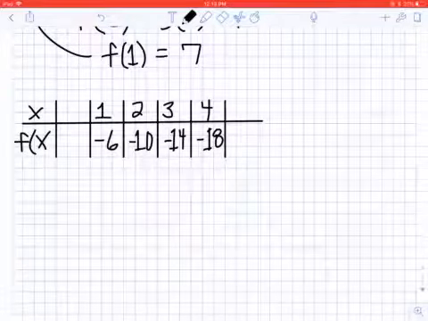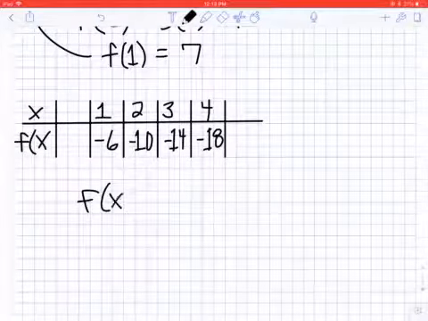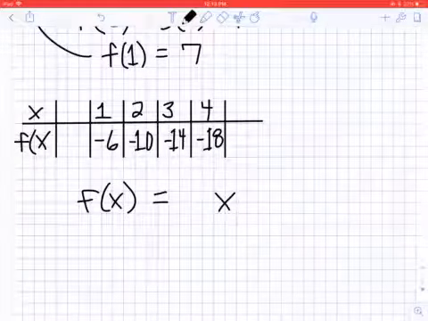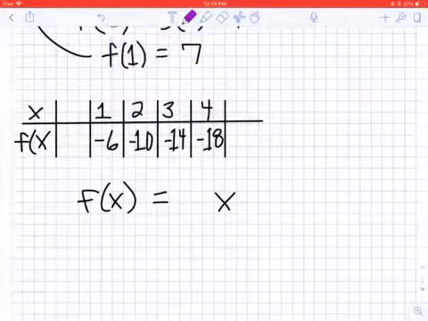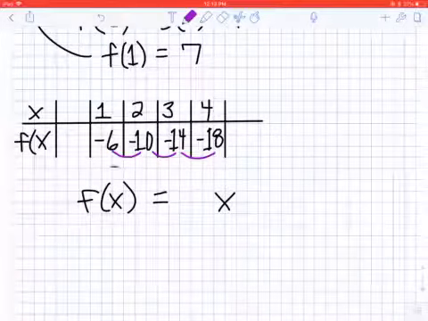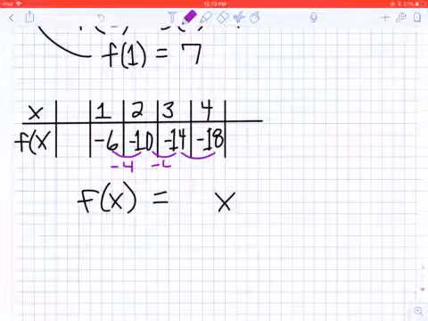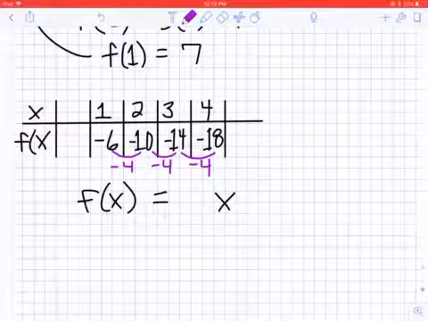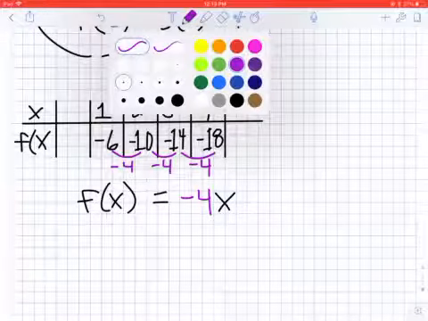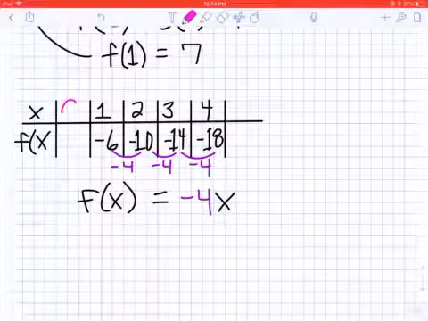All right, now, time to write my function. My output's going to be here, and I know I'm going to involve x somehow. So I go to my table. How am I getting from one value to another? Each time I am subtracting 4. Minus 4, minus 4. So right in front of x, I'm going to put minus 4. Now I've got to figure out what my output is going to be when my input is 0.